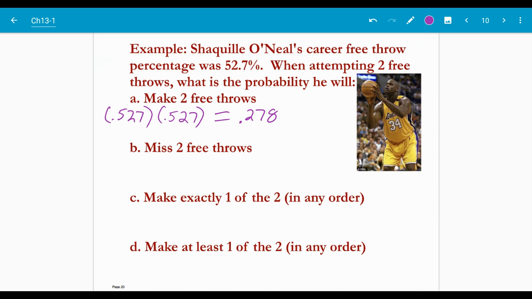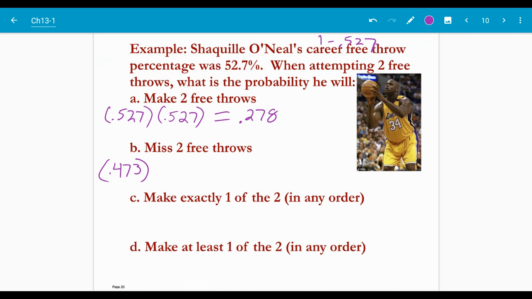So what we need to do, if it's a 52.7% chance that he makes a free throw, is apply that logic of a complement, but with an individual free throw. 1 minus 0.527 gives us the probability that he misses a free throw, and that's 0.473. Okay. So there's a 47.3% chance that he will miss a free throw.